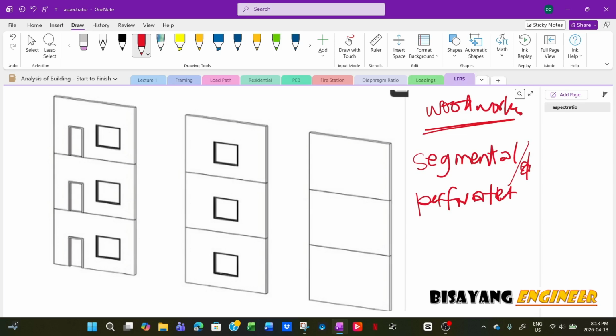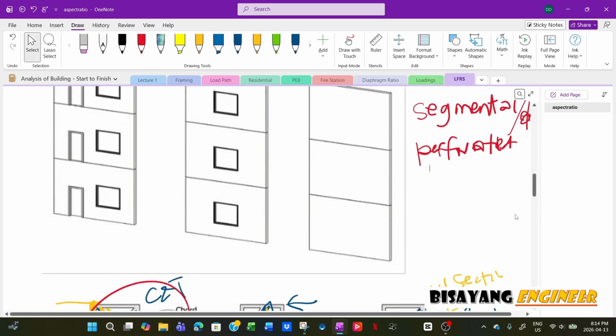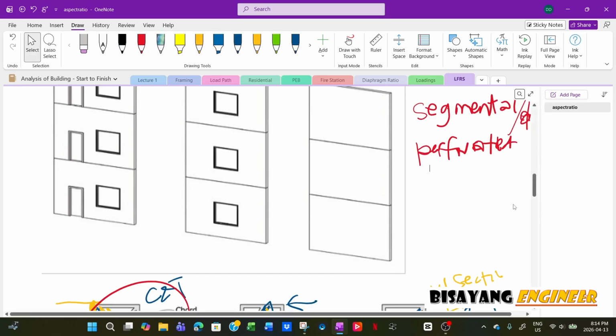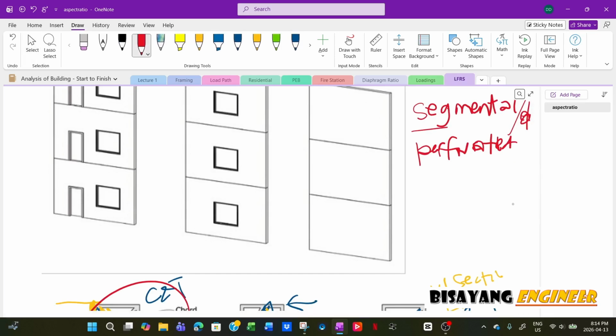I've never seen a discussion about perforated concrete shear wall. It's always wood frame, wood shear wall. These are the types of how you analyze a shear wall. So you have segmental, you have perforated, and then the third one is the force transfer around opening.